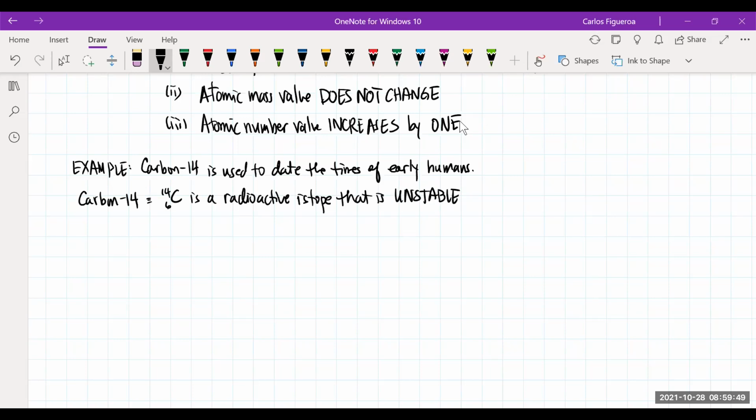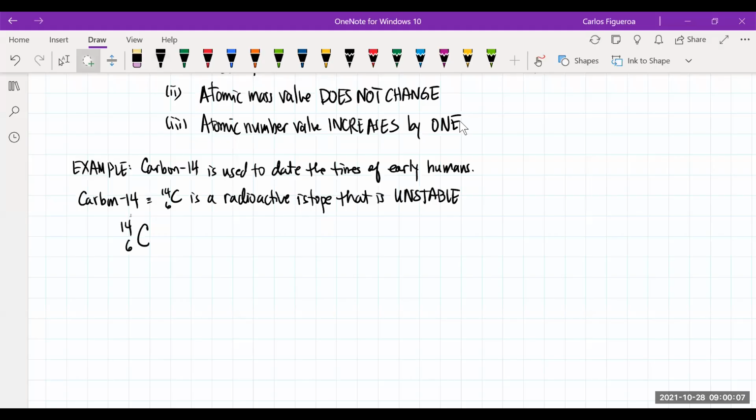And so what we see here is that if it undergoes beta decay, here's what we're going to see here. So if I have carbon 14, and now it's going to go beta decay.